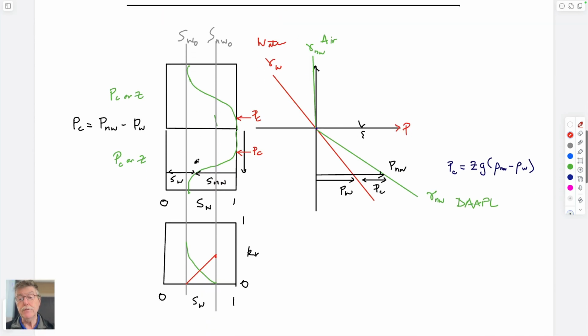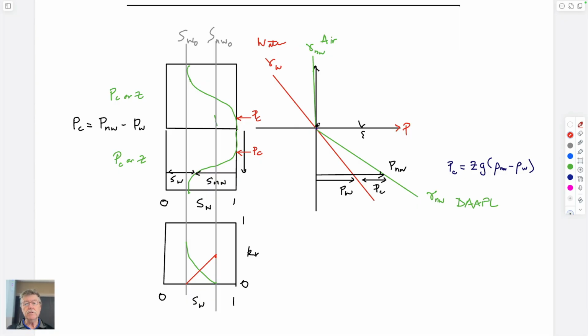And finally, what we use them for, we've used them to be able to say something about the distributions in saturation in the vadose zone, where the capillary pressure is given by the difference between these 2 pressures, air pressure, which is roughly constant as you go vertically because the unit weight of air is so trivial, and water pressure, which is not constant as you go vertically, which pressure reduces as you go up.